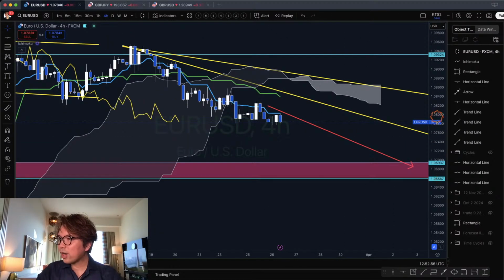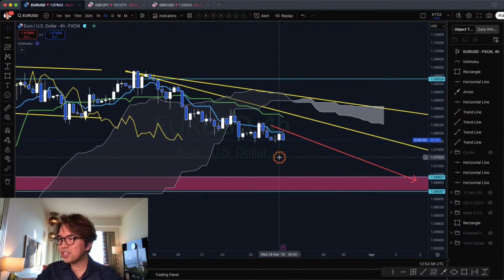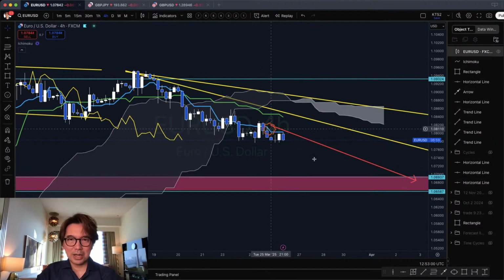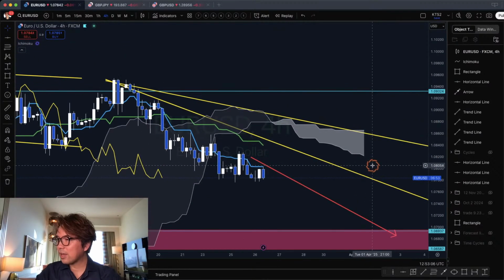And when I check the 4-hour time frame, according to KTS, which is my strategy, it's down because Kumo has been down. Kumo is now sloping down, and Senko span A is going down as well. Senko span B is flat, but Senko span A has been down, and that's making the Kumo thicker and bigger as it goes.